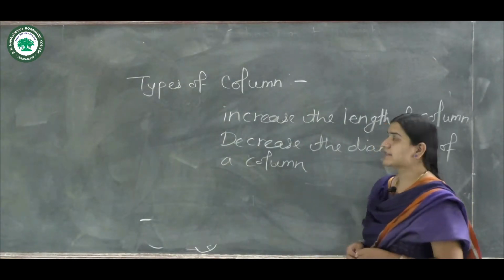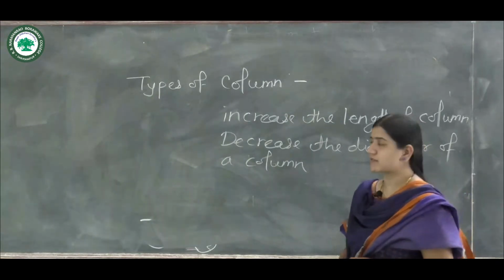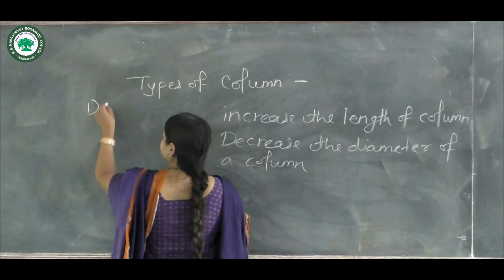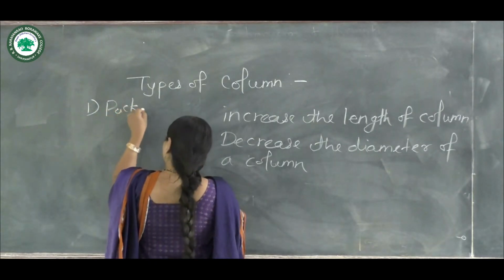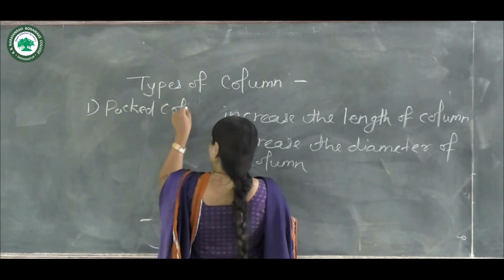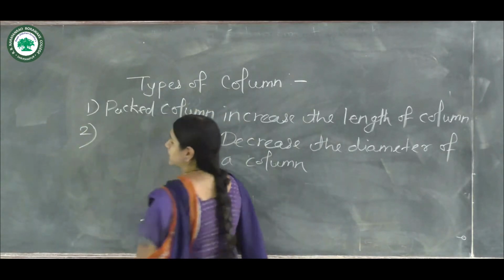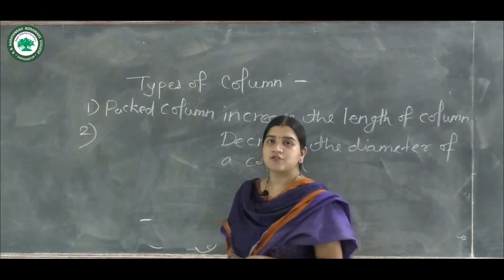As far as the types of columns are concerned, the first type is the packed column. Then the second type is the adsorption column.